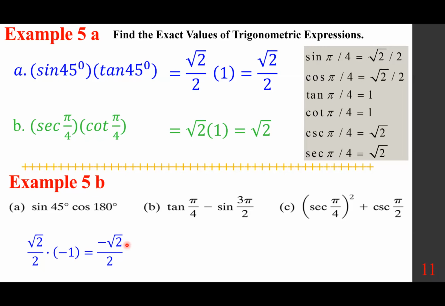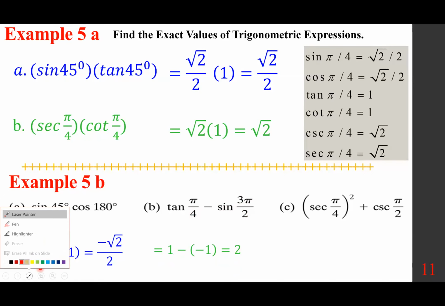Tangent of pi over 4, 1. Minus sine of 3 pi over 2, negative 1. So 1 minus negative 1. That makes it plus 1. And it becomes 2.